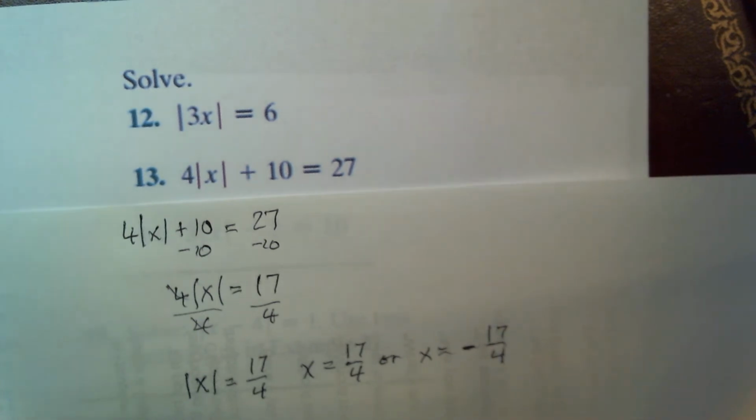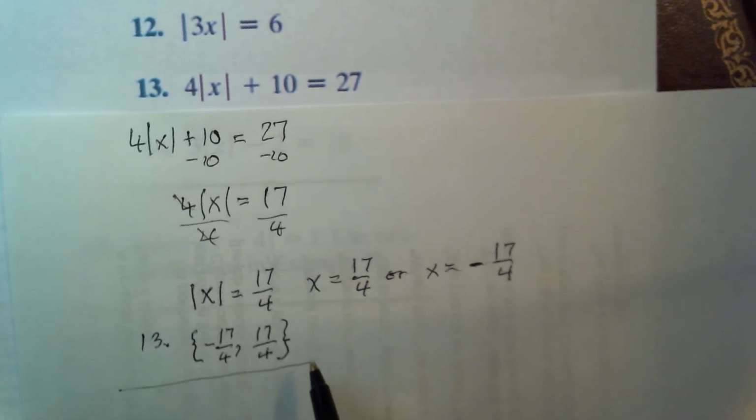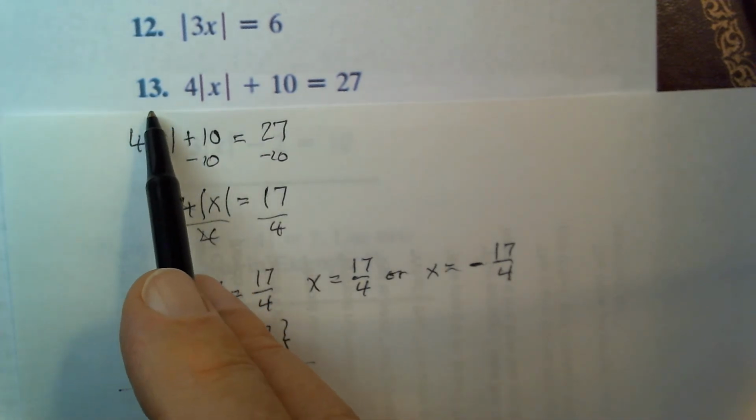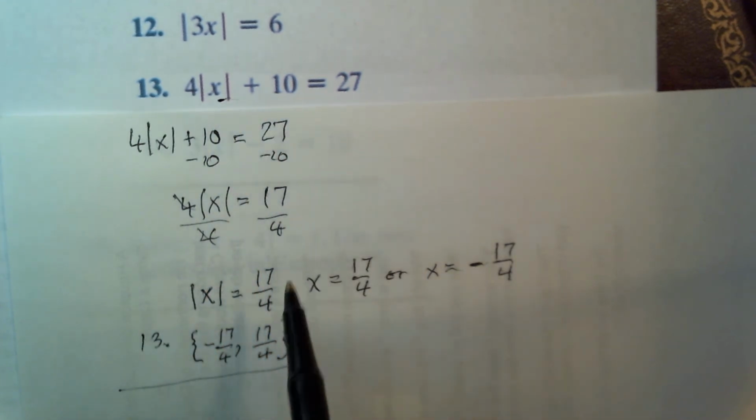So then for number 13, our solution set is minus 17 divided by 4 and 17 divided by 4. So here's our solution for number 13, beginning with 4 times absolute value of x plus 10 equals 27. And here's the corresponding solution.